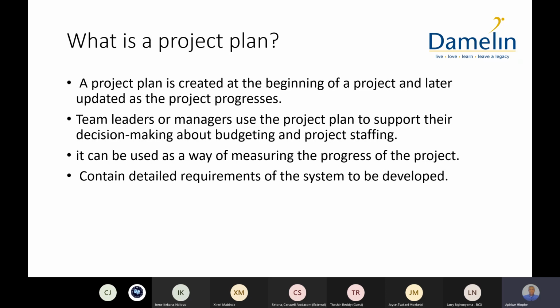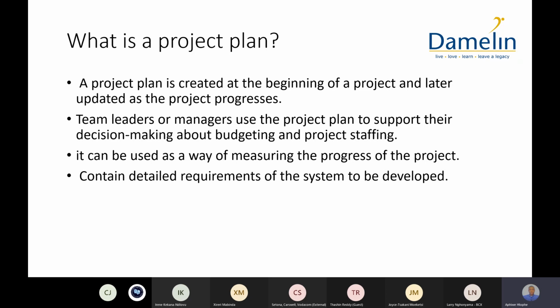So a project plan is created at the beginning of a project and later updated as the project progresses. Team leaders or managers use the project plan to support their decision-making about budgeting and project staffing, okay? So especially if you're using the plan-driven approach, this document is everything. It guides all your decisions.